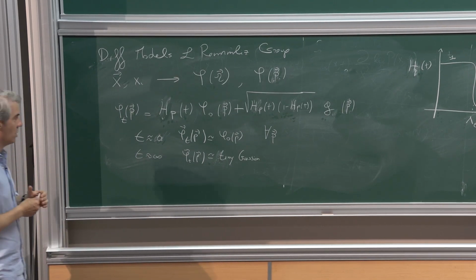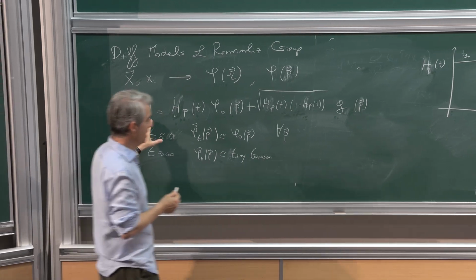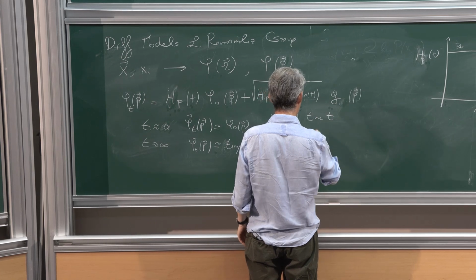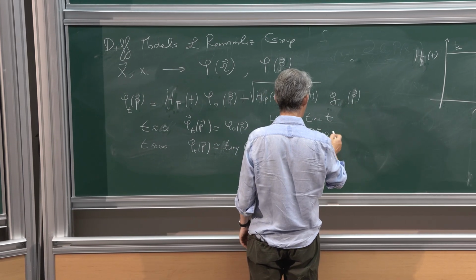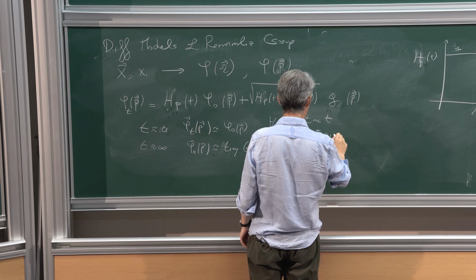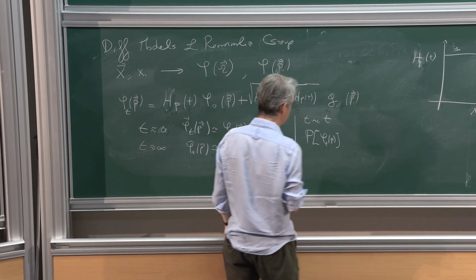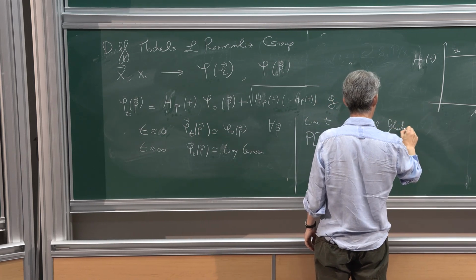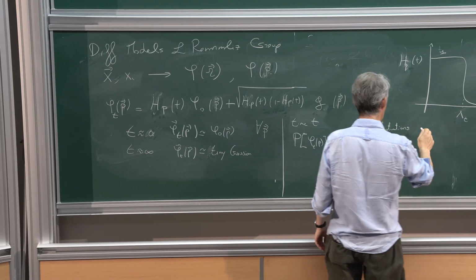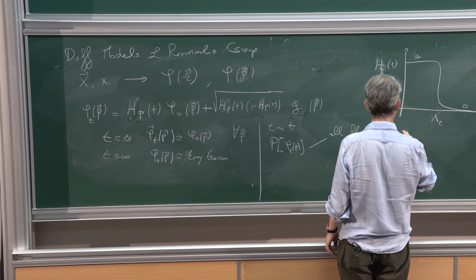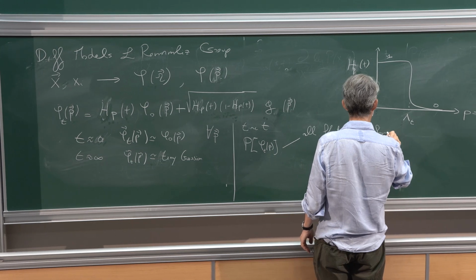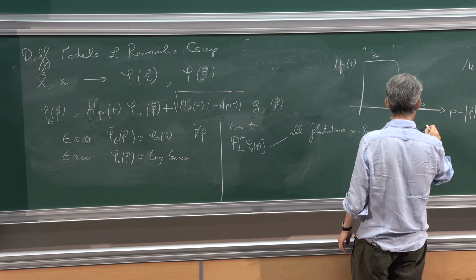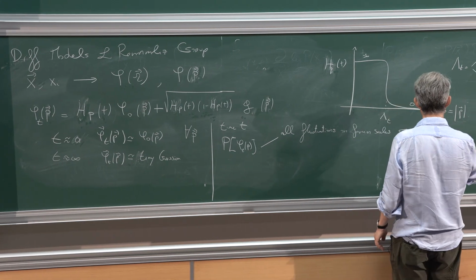Now let's say also in words, what's going to happen to this measure. When I am at time t, and I ask what is the probability distribution of phi_p of t, this probability distribution is such that all fluctuations on Fourier scales less than lambda t are like in the original theory.